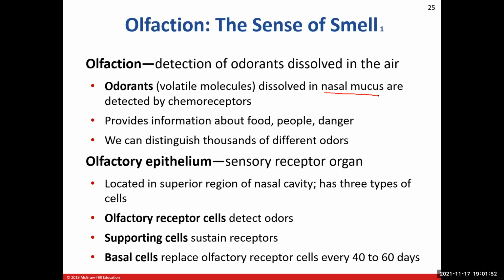And in that mucus there, you have chemoreceptors. And those chemoreceptors are then going to provide us information about whatever it was that you were able to smell. If it was food, car exhaust, or somebody that might have bad body odor, it provides you information about that.